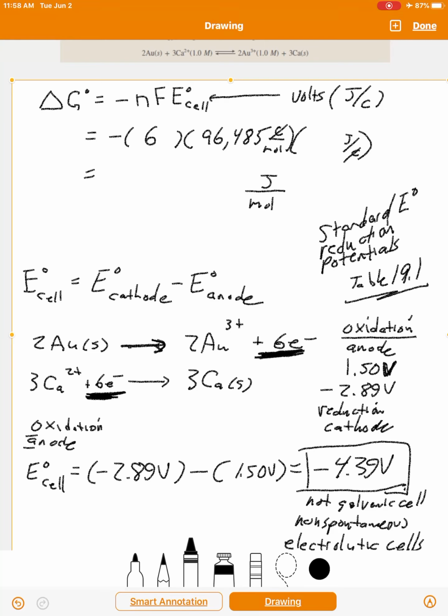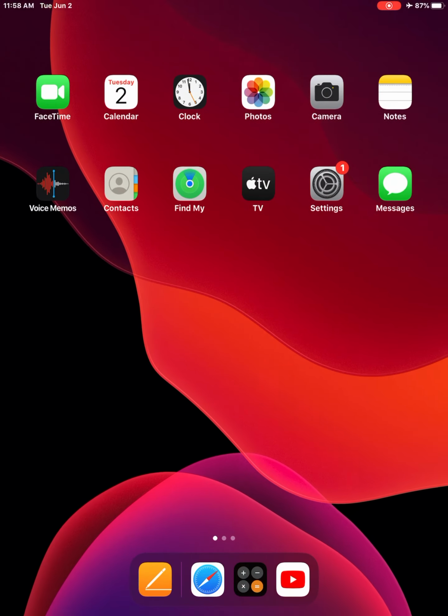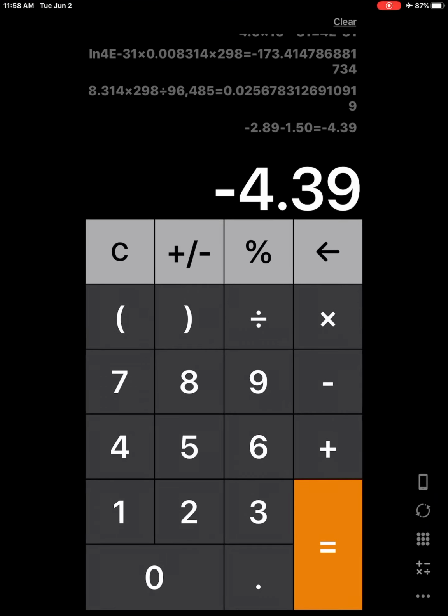So now it's minus 4.39 joules per coulomb. Isn't that interesting? We already got the units, joules per mole, because I didn't put moles in there after the 6. So minus 4.39, that's already in our calculator. So times 6 times 96,485. And again, if you want to use 96,500, that's fine.